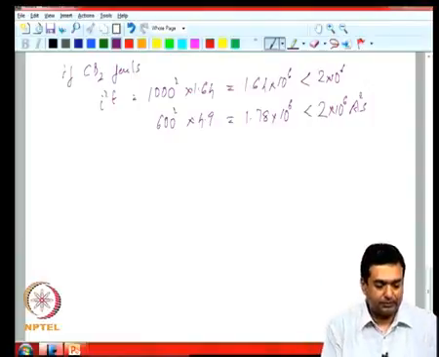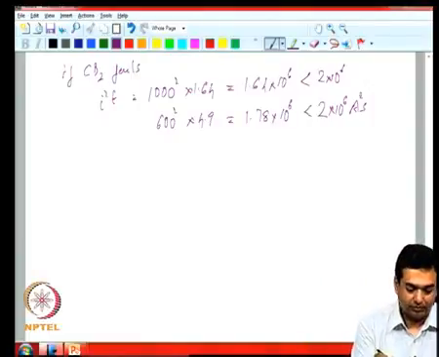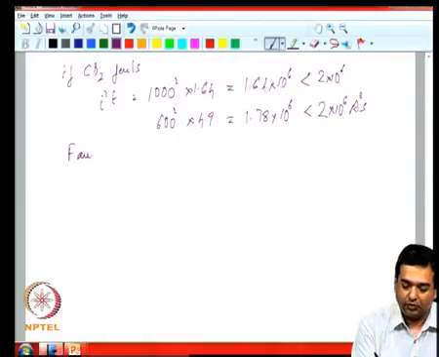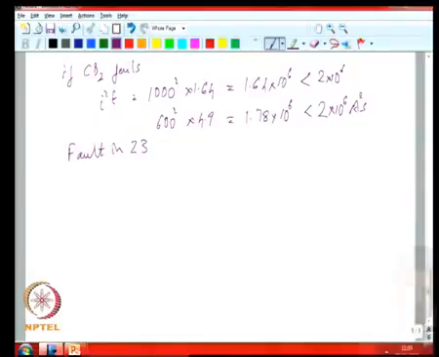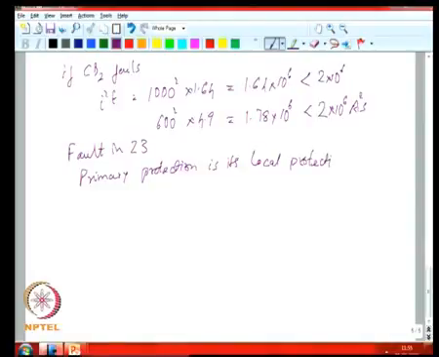Okay. So, if you look at a fault in zone 3, the primary protection is the local protection, and CB2 is backup.